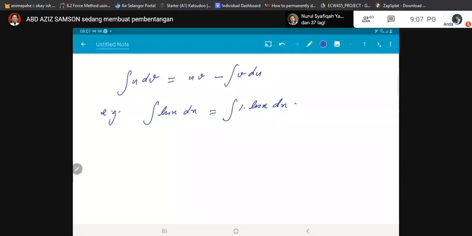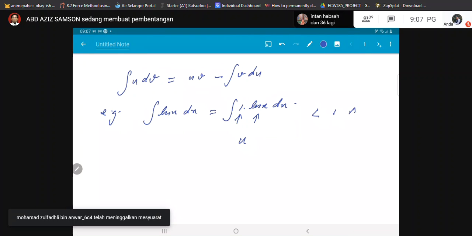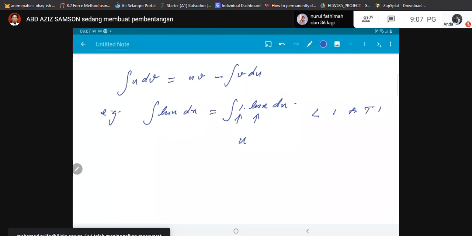So in this case it is a product of two functions. One function is u, the other function is dv. So how do you choose u? According to the rule, the first preference is log, then inverse trigonometric functions, algebraic functions, trigonometric functions, and exponential.